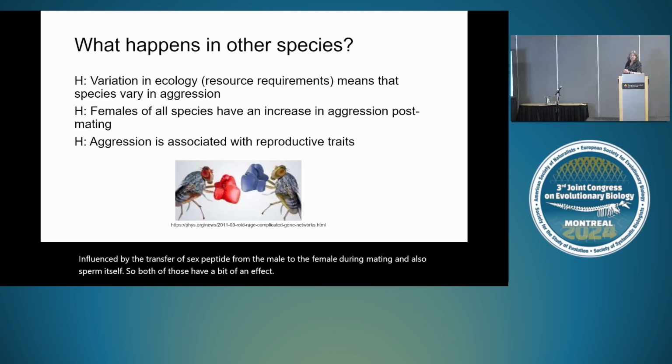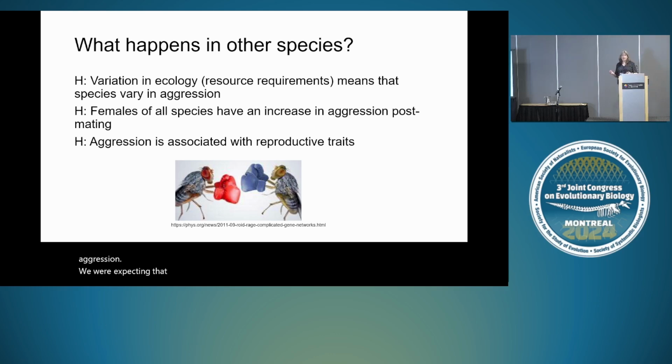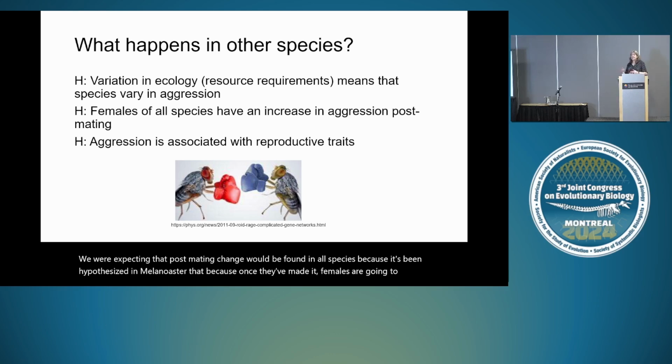So what happens in other species? We had several hypotheses going into this. One is that variation in ecology, therefore resource requirements, means that they should vary in aggression. We were expecting that post-mating change would be found in all species because it's been hypothesized in melanogaster that once they've mated, females are going to start producing eggs and they need more food to be able to produce those eggs.